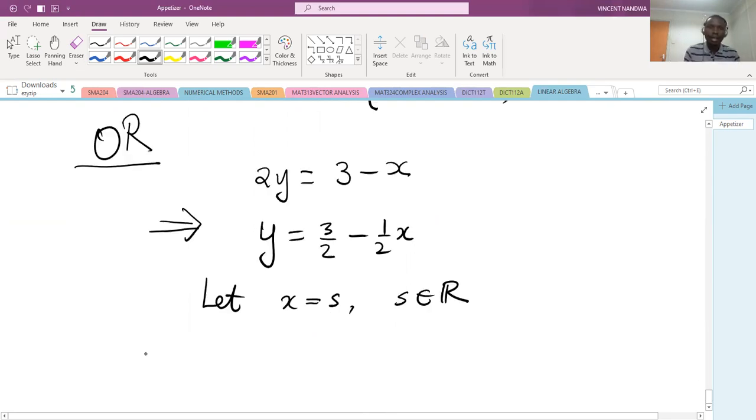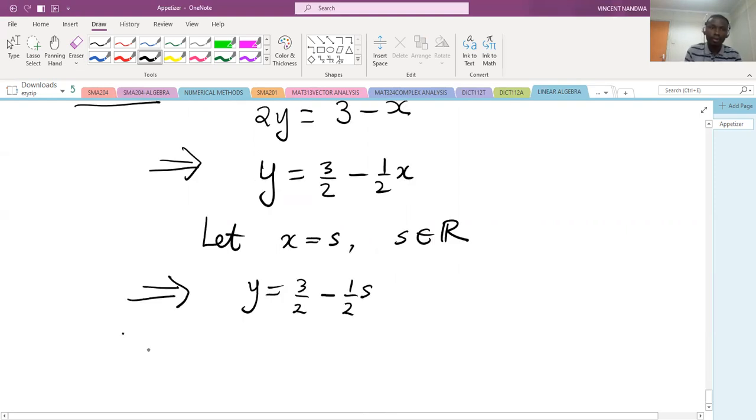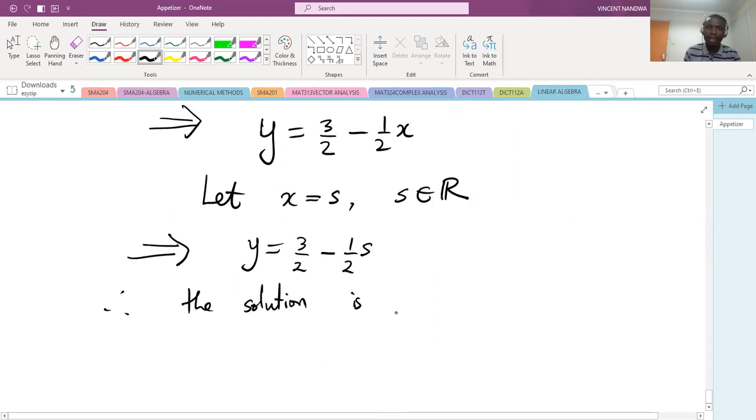Then y will be 3 over 2 minus a half s. And so therefore, the solution set is x equals s and y equals 3 over 2 minus a half s, where s is any real number.